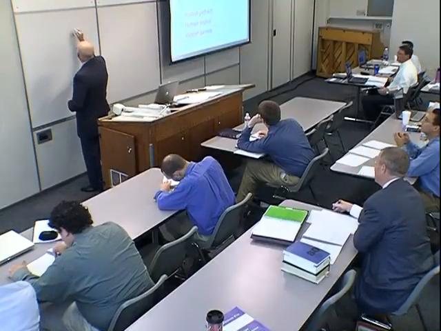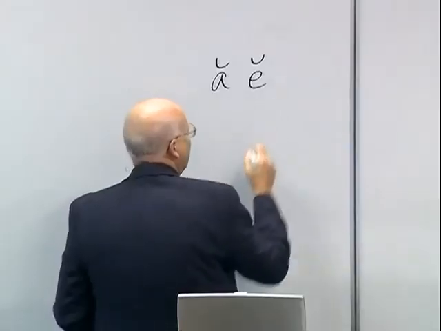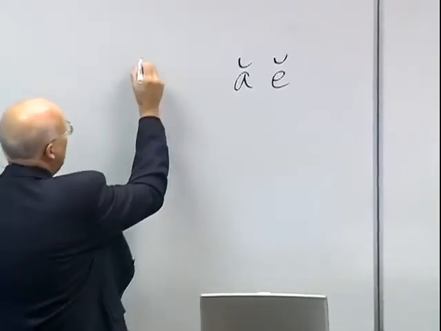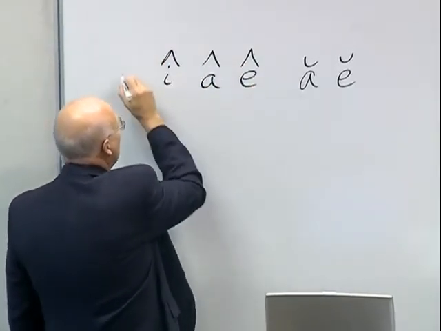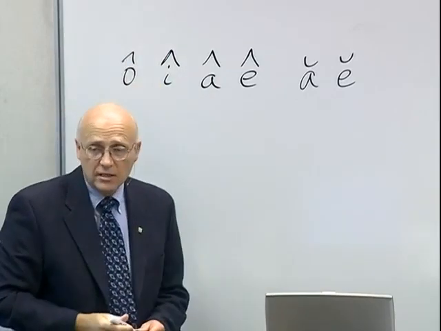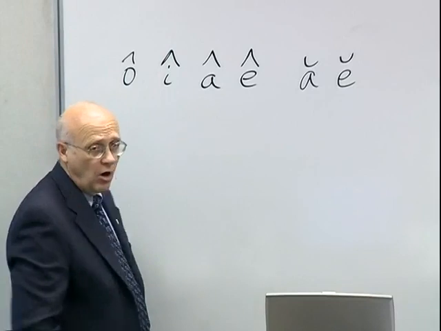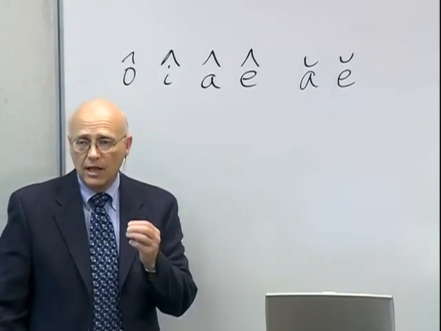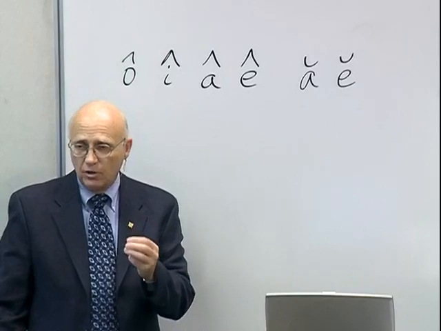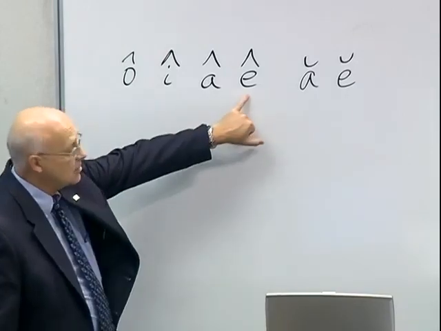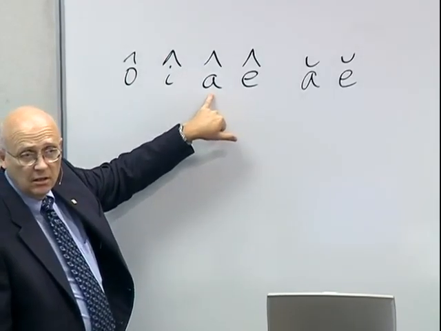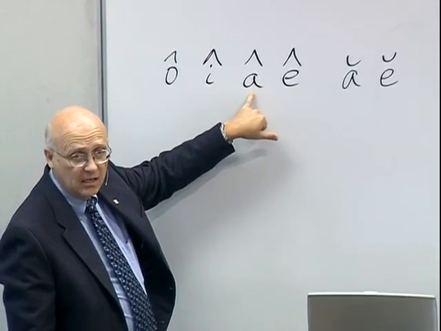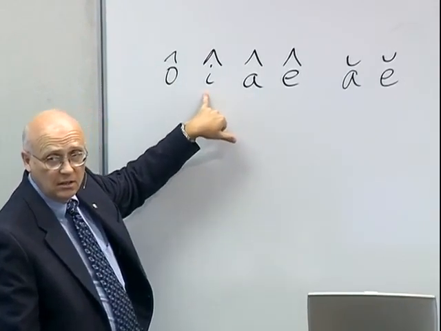If you'll notice, when you have the breve over the top of something, that's your short sound. And when you have the circumflex over something, that is the very long sound. In fact, as you're told in your textbook, these 4 are full letter vowels, and you only find that circumflex over the full letter vowels. So this represents what? Sere Yod. This represents Comets Hey. This represents Hirik Yod.